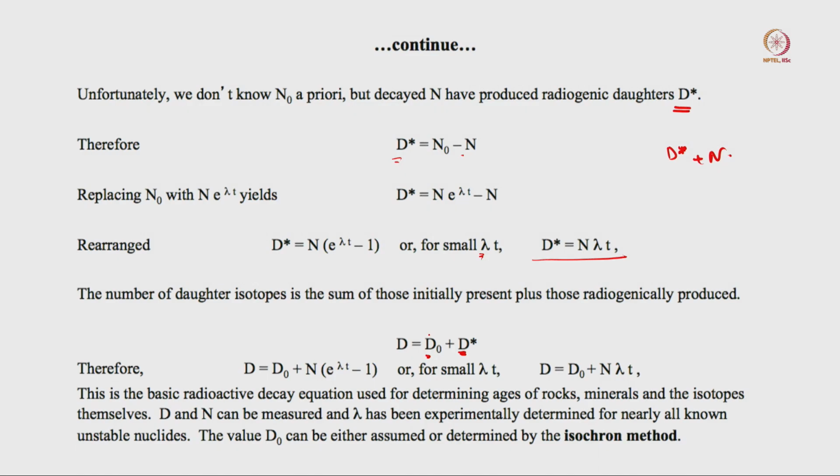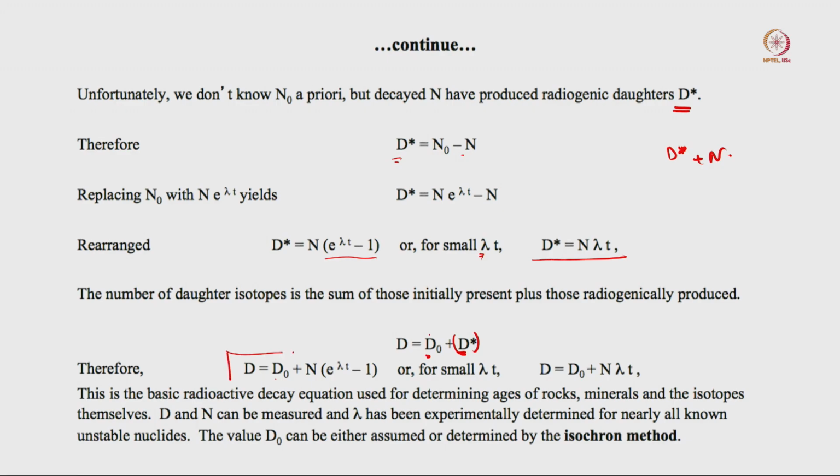Obviously, any system will have some initial daughter atoms which are naturally there in that system. That is my d0 value, plus those that have been formed only from the decay. So, d is equal to d0 plus n into e to the power lambda t minus 1.